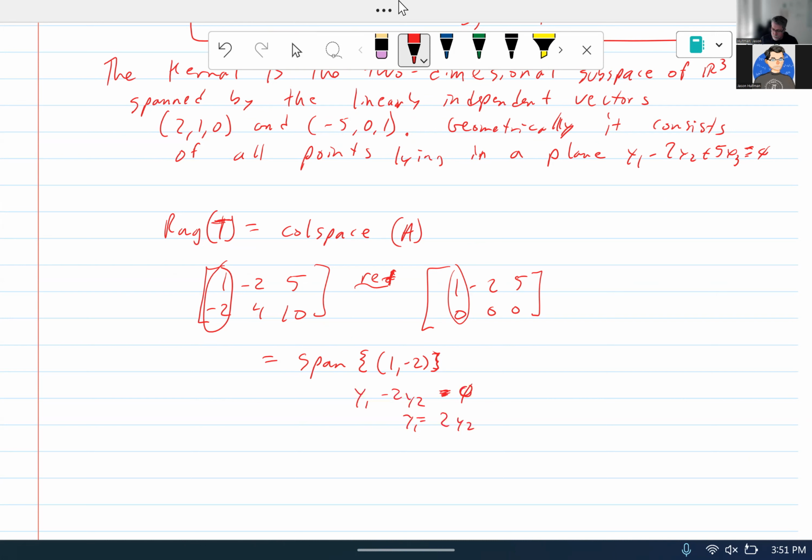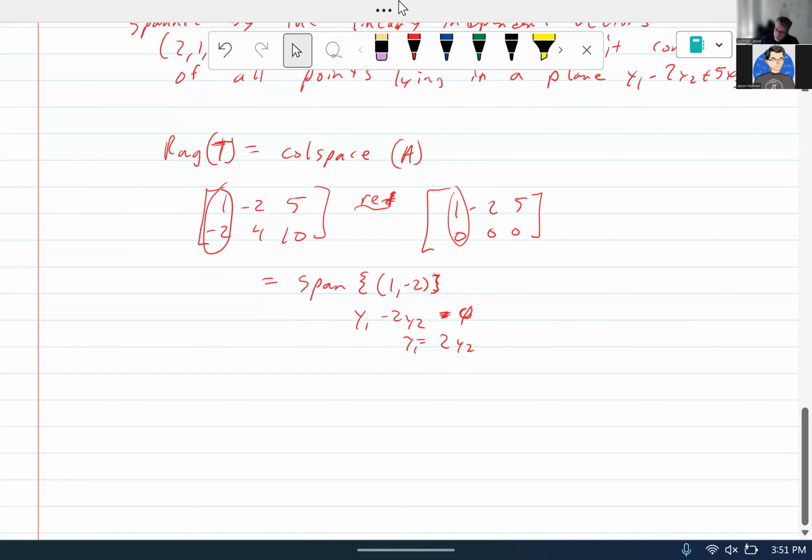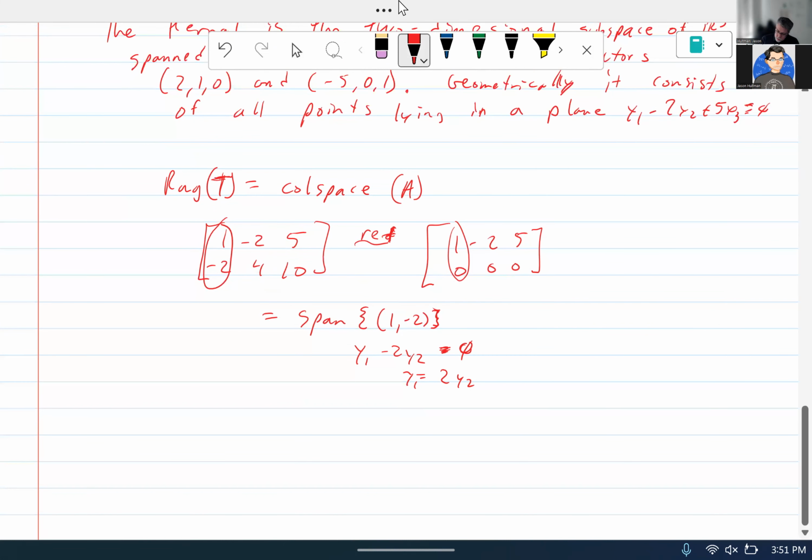Okay, so we have the range of T, the outcome of T can be -1, 2, sorry, 1, -2, and all the multiples of 1, -2.